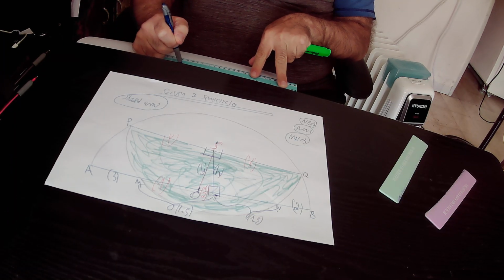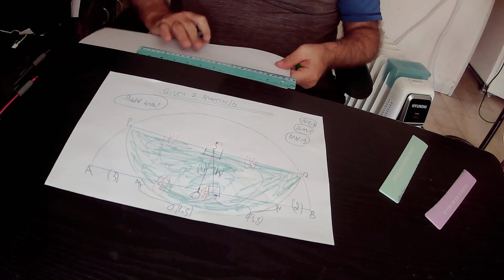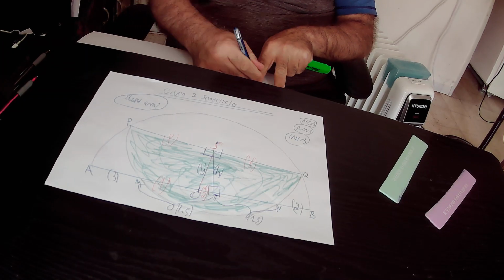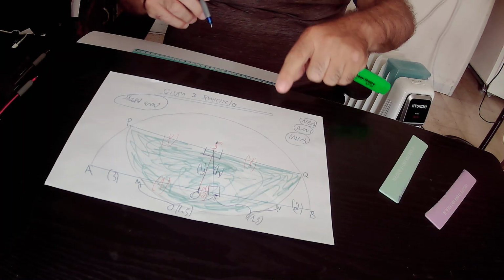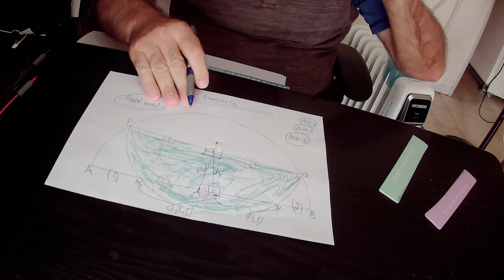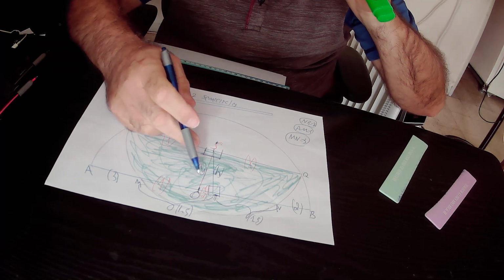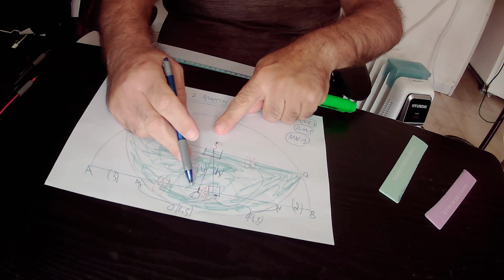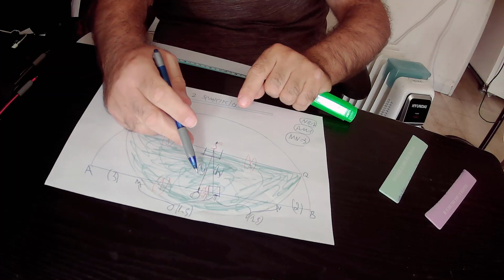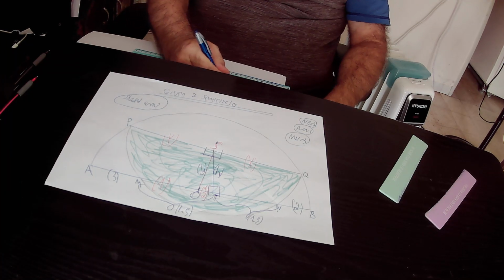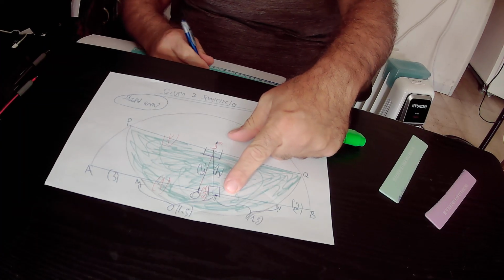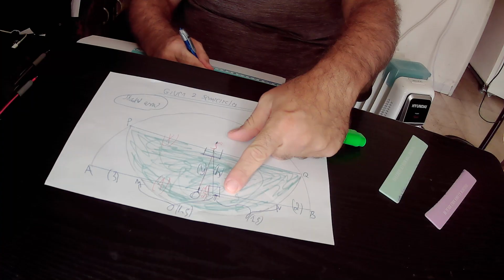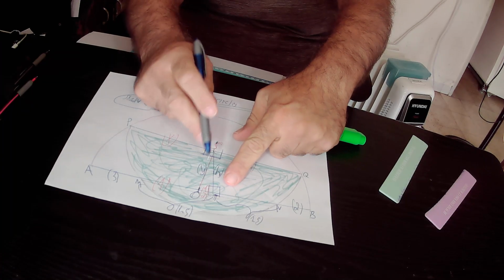So in this right triangle STO, according to the Pythagoras theorem, we have SO squared, the square of the hypotenuse, equal to ST squared plus OT squared.